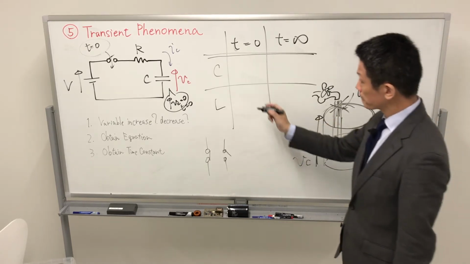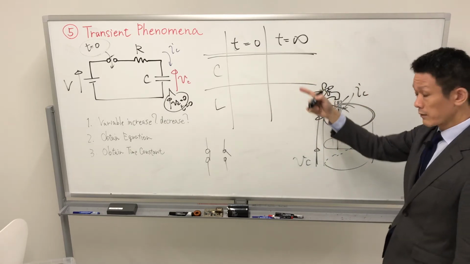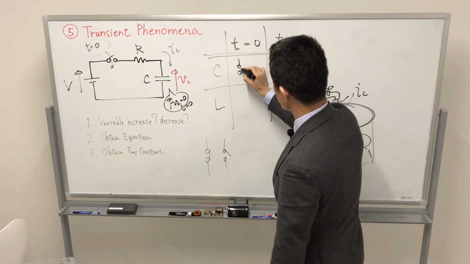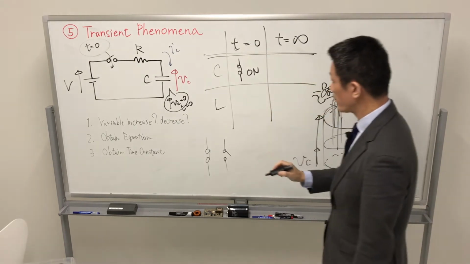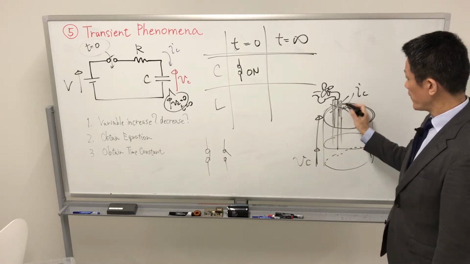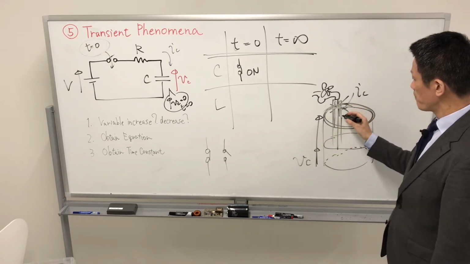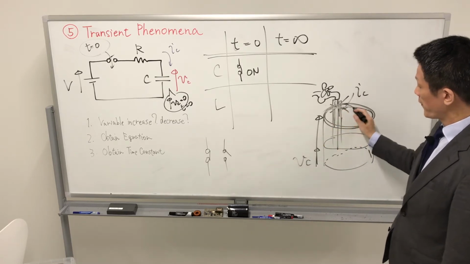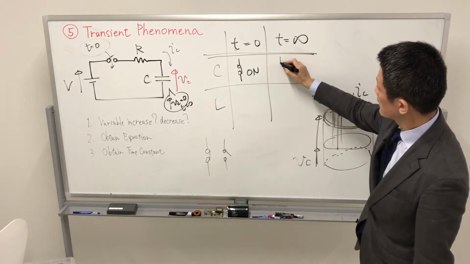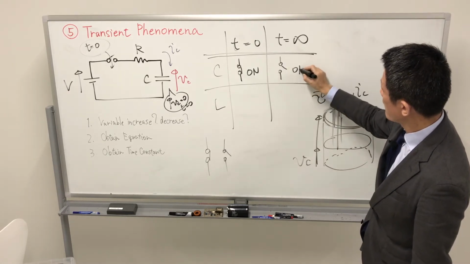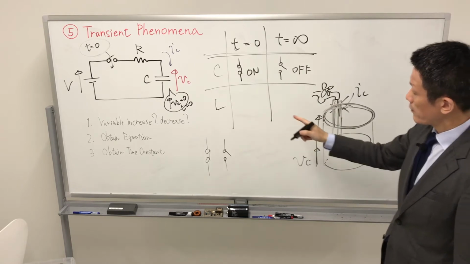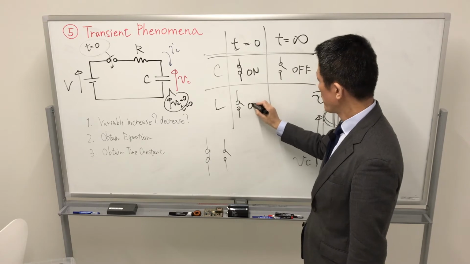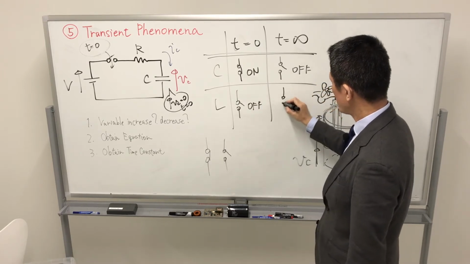So at first, T equals 0, current flows through, so the switch is on. And at T equals infinity, the current cannot flow through because the bucket is filled. So this means off. And L is the opposite, on.